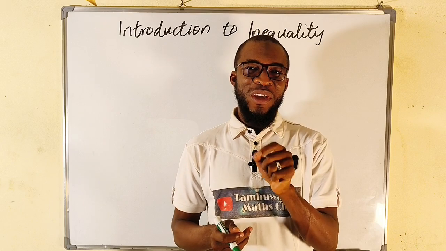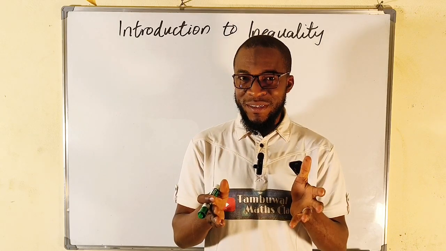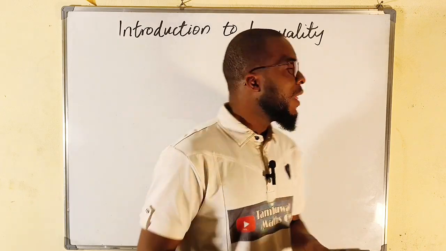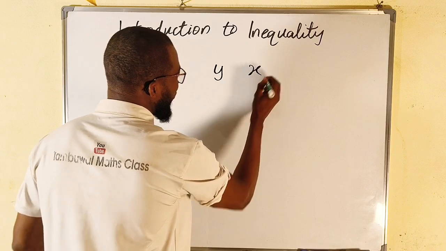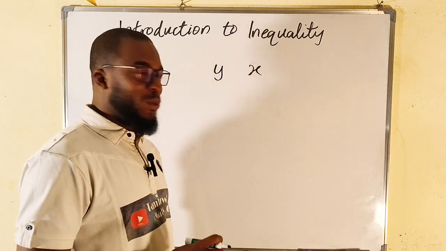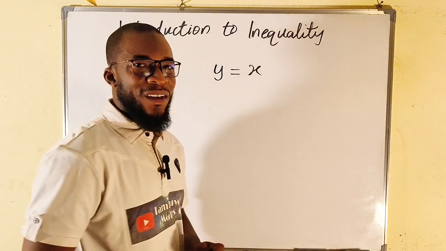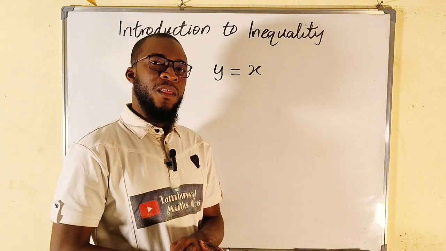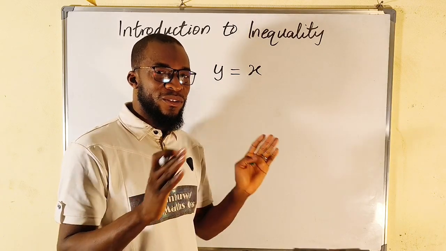But before we continue talking about inequality, I think it is important to talk about equality because they are opposite. For example, if we have y and x, and the relationship between y and x is the equality sign, this means that both y and x have the same magnitude or size.